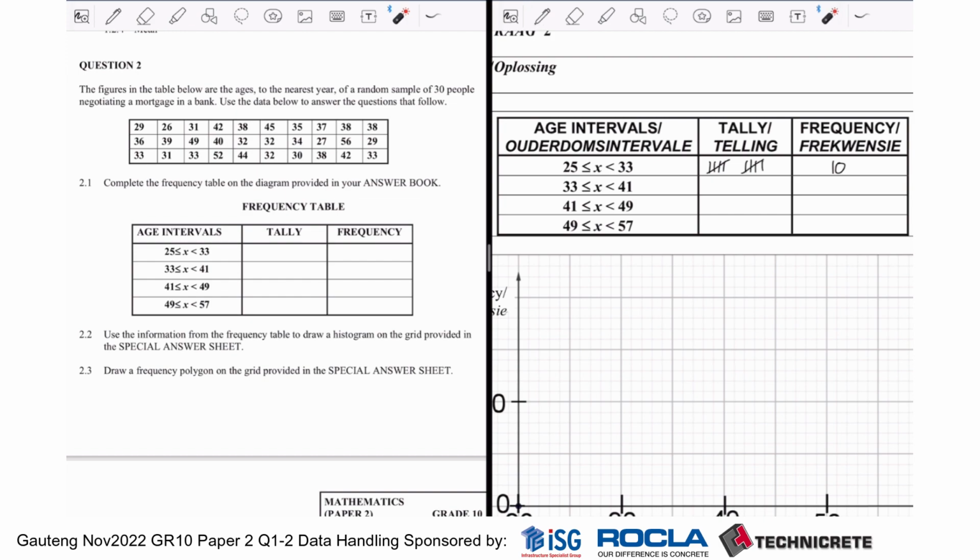Then I'm going to count the people who are 33 and up to no older than 40. So my 33 is 1, 2, 3, 4, 5, 6, 7, 8, 9, 10, 11, 12, and 13.